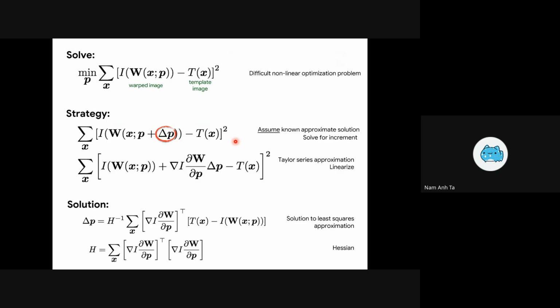By using the Taylor expansion, we linearize the warped image term, and this turns a difficult nonlinear search into a solvable least squares problem. This is the essence of the Lucas-Kanade algorithm.